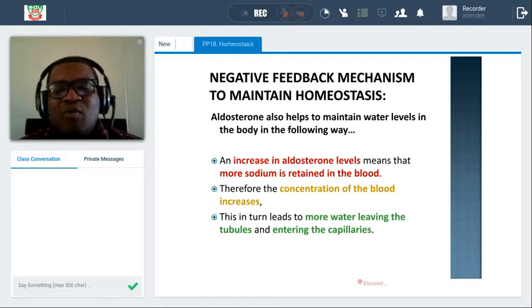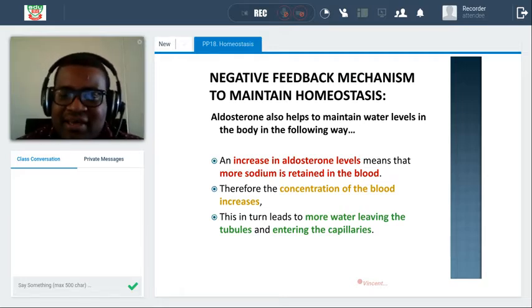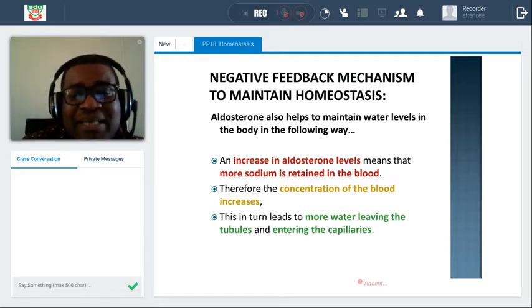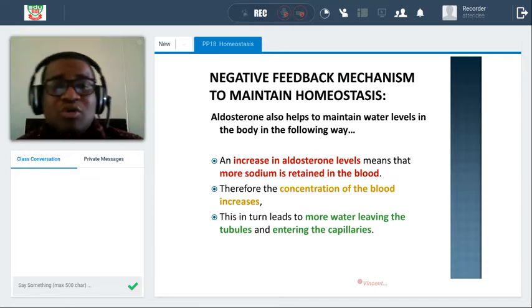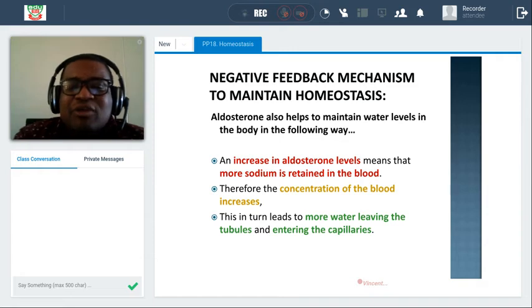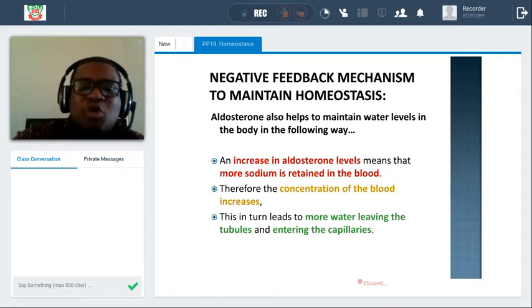Aldosterone also helps to maintain water level in the body in the following way. An increase in aldosterone level means that more sodium is retained. Therefore, the concentration of the blood increases because of more sodium in it.